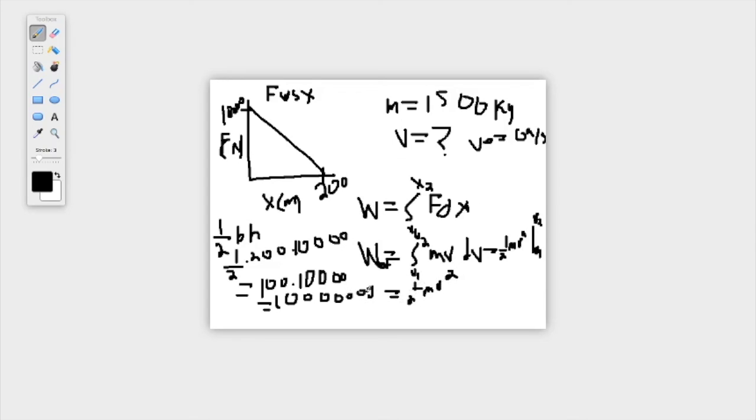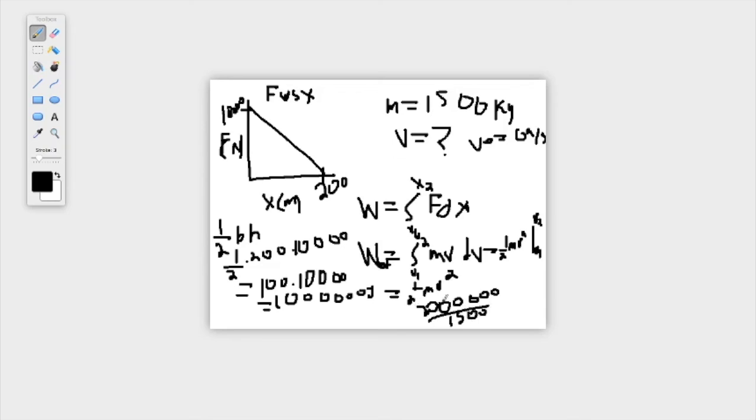So we can multiply 2 by both sides, so that'll be 2 million over the mass, which is 1500. We're just dividing by m on both sides.